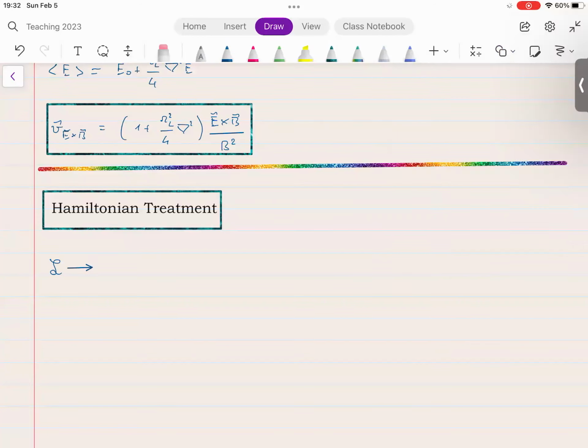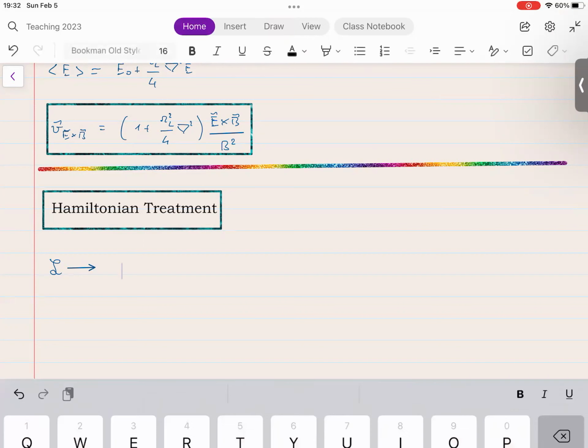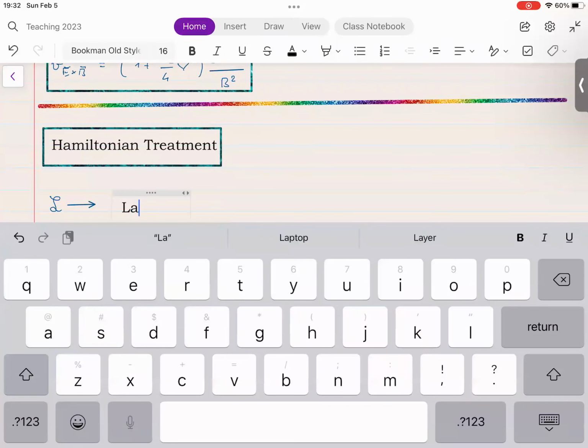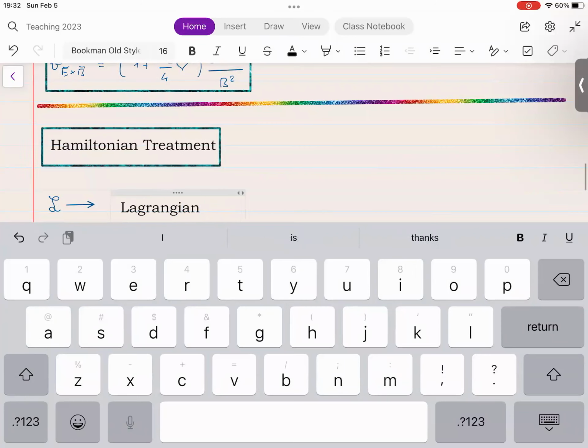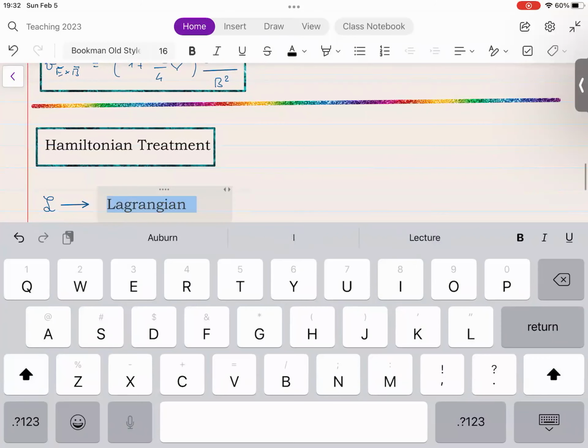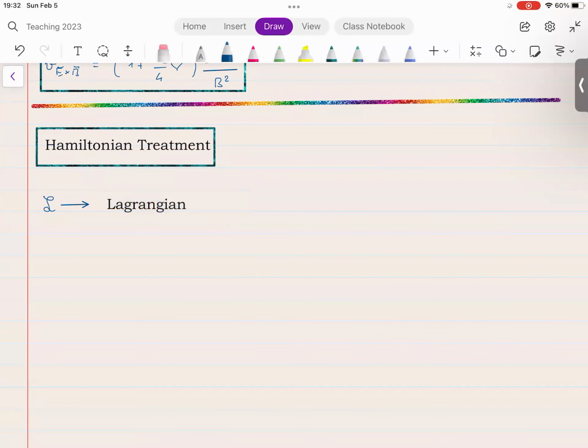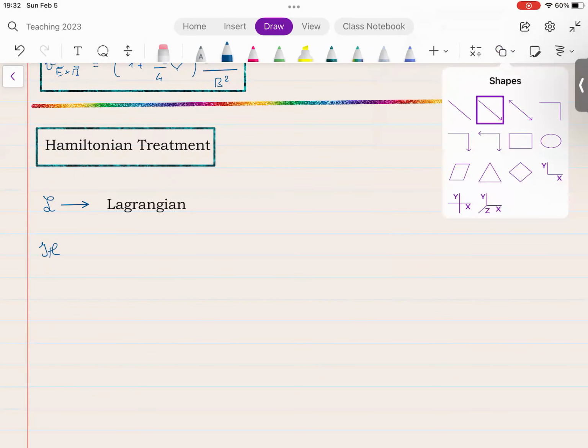I'm going to use the letter L to indicate my Lagrangian. And I'm going to use this symbol to indicate the Hamiltonian.